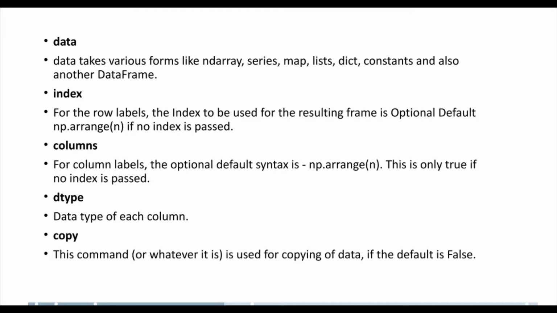And one more beneficial argument is copy, which can be used for copying data. If you want to copy your data set, you can make use of this argument. Its general purpose is copying of data, and the default is False. So if you want to copy, you need to specify it as True.